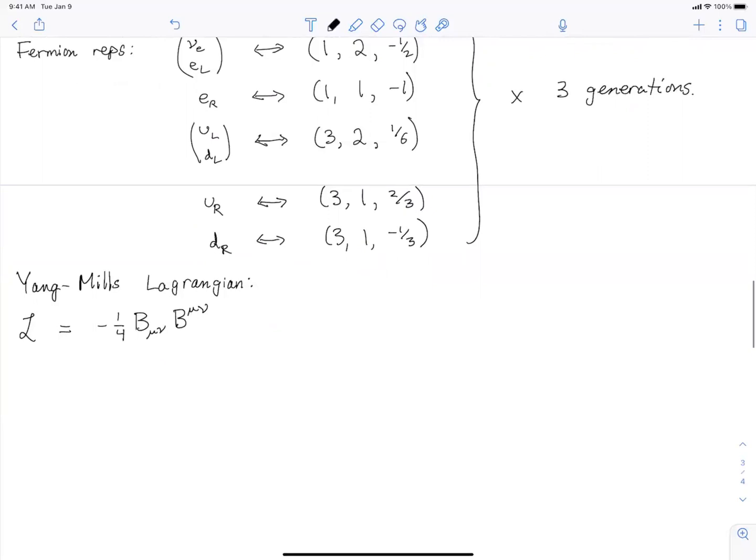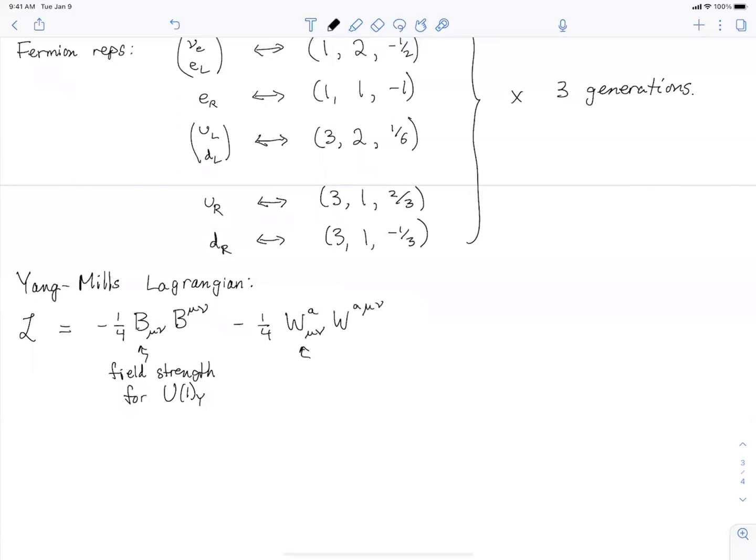Okay, so B mu nu is the field strength, just like F mu nu in QED, but this is for the weak hypercharge gauge group. Then there's a 1/4 for the SU2 left, which has an index A that runs from 1 to 3.